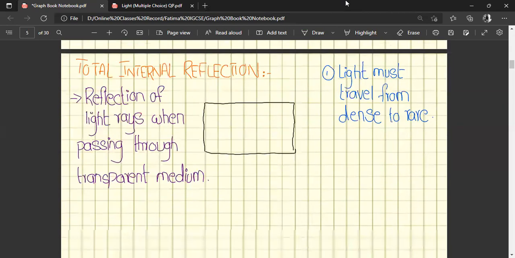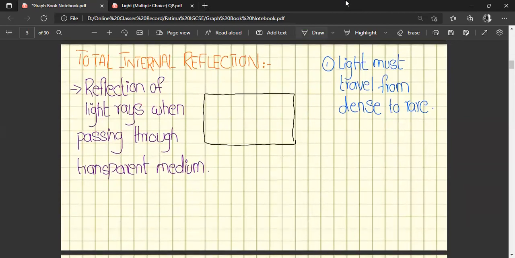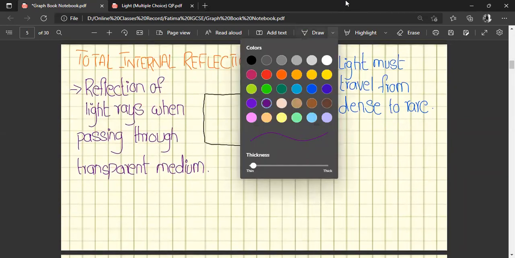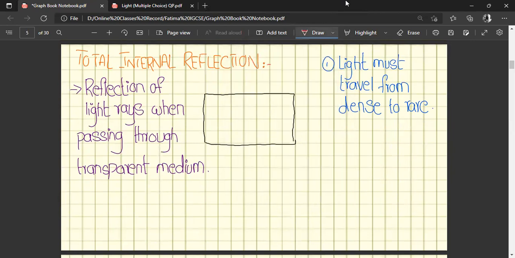So in total internal reflection, if we consider the same example of that transparent object, there is a normal at this surface. In normal condition, if light passes from dense to rare, it bends away from the normal.